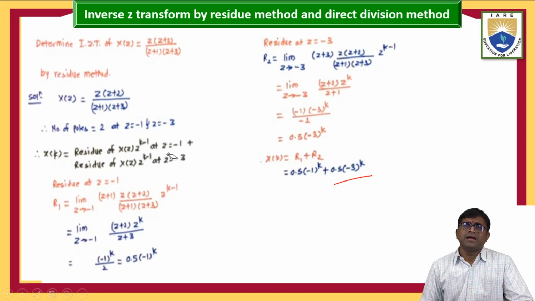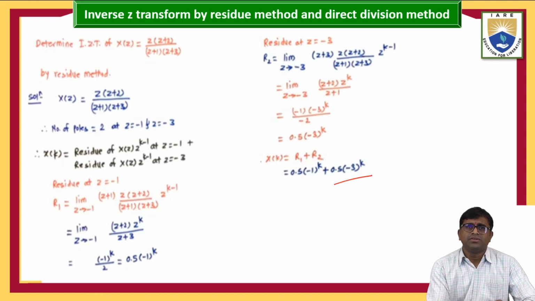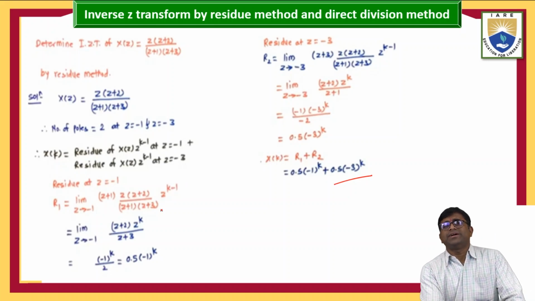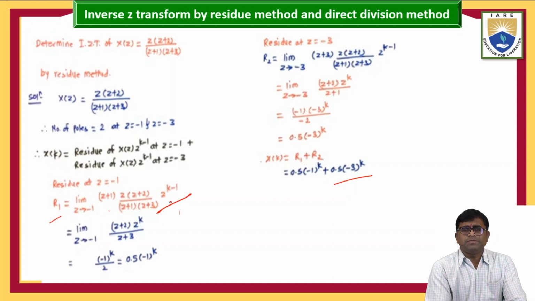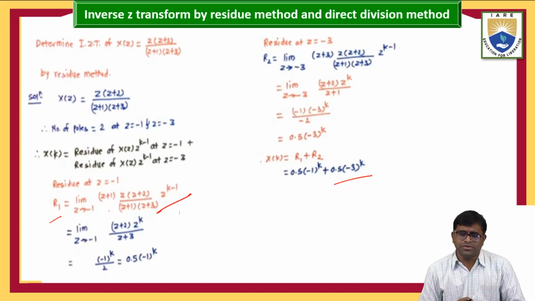R1 equals limit z tends to minus 1 of z plus 1 into the total function, that is z plus 2 by z plus 1 into z plus 3, into z power of k minus 1. It is not a repeated pole, it is only a simple pole, that is z equal to minus 1.